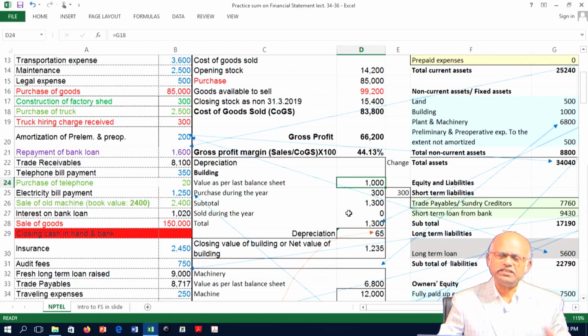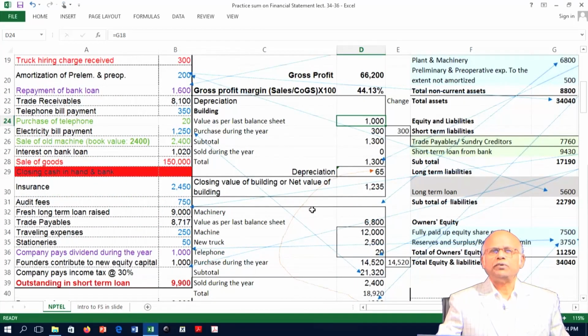Though I have mentioned depreciation and defined it a little bit, maybe I will take another mini session to explain depreciation and to take a holistic view about financial statements in the next session. After estimating depreciation, we add all the depreciations: depreciation on building, which is normally at 5%, and on machinery.